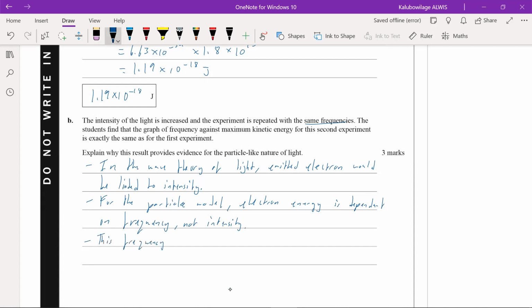Frequency dependence is supported by the experiment.